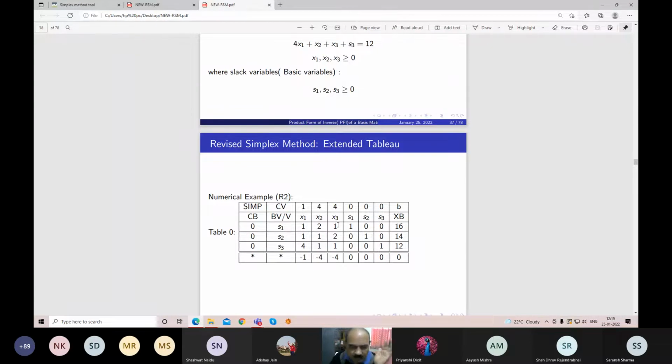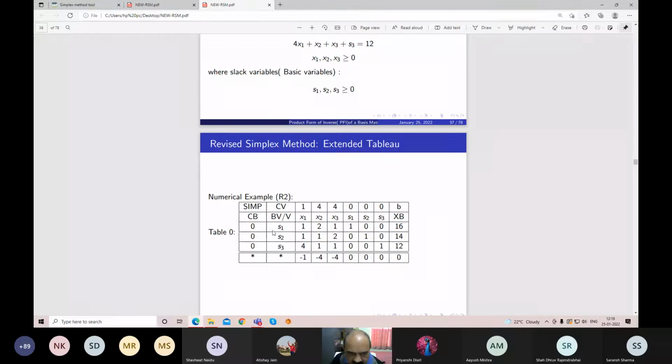And there are 3 different columns for the basic variables, so that is P4, P5, P6. You can see here S1, S2, S3. These 3 columns form an identity matrix of size 3 by 3.